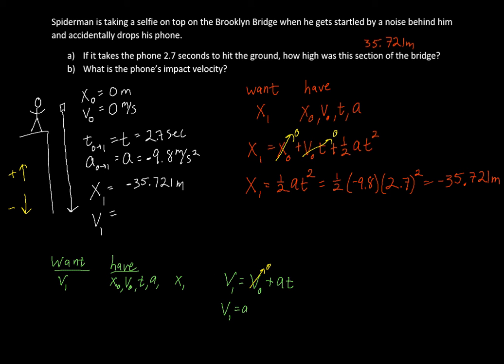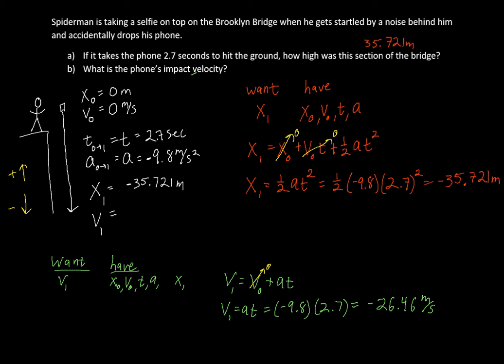We don't have to rearrange anything, so we just plug in numbers. Negative 9.8 times 2.7, and if I plug that into my calculator, I end up with negative 26.46 meters per second.